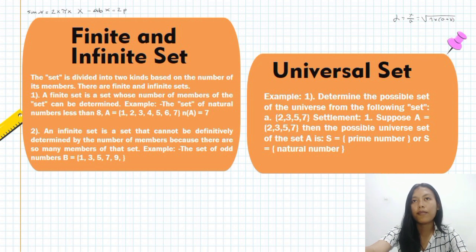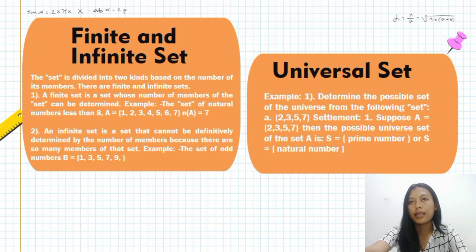Next, we have finite and infinite sets. Sets are divided into two kinds based on the number of their members: finite and infinite sets. First, a finite set.